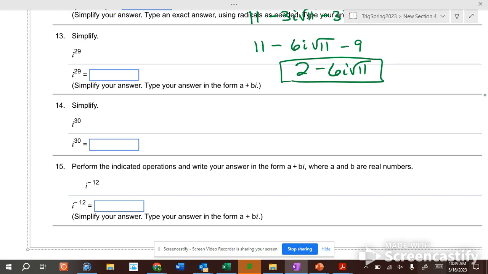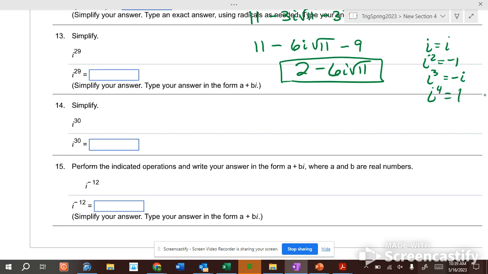So i to the first is i. i to the second is negative 1. i to the third is these two times each other, which is negative i. i to the fourth is negative i squared, which is a positive 1. Once you get back to i to the fifth, it's back to i again, because it's i to the fourth, which is 1, times i, and so on. So every 4 i terms repeat themselves.